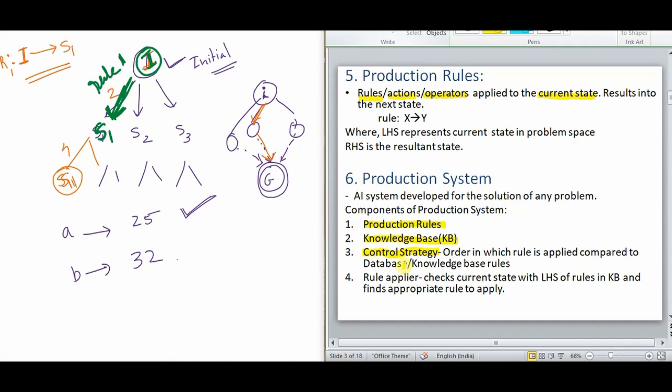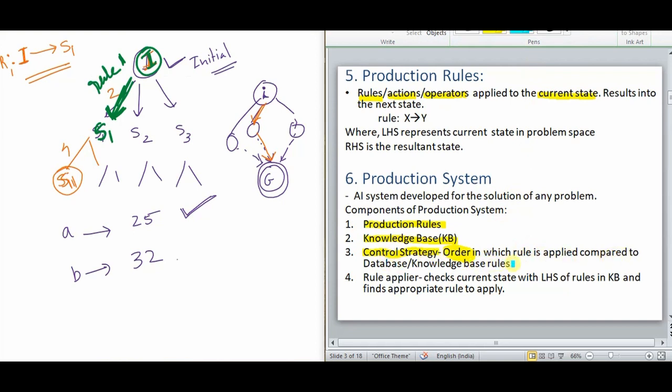In the knowledge base there will be thousands of rules stored. At any point of time, how will the machine decide which rule to apply, whether it is R1, R2, R3, which rule? Suppose there are thousands of rules stored in the knowledge base. So the control strategy is a strategy that determines the order in which a rule is applied to the knowledge base rules.